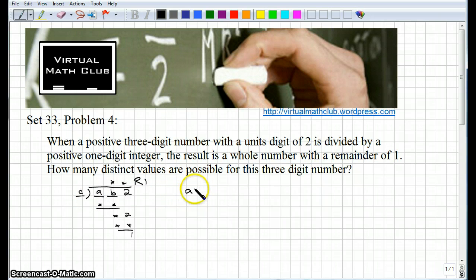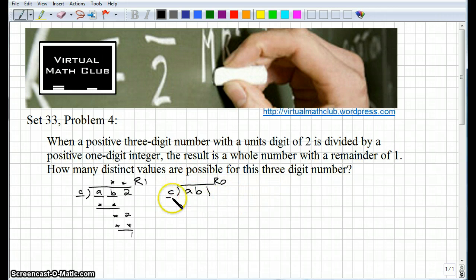We have AB1 divided by C, and we know that that is going to have a remainder of 0, because we just took away that remainder. So we subtracted 1 from the number, and then it's evenly divisible by whatever the single digit number is.